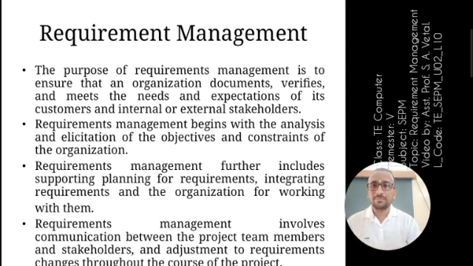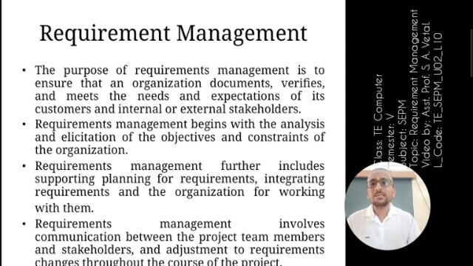Then after that we integrate all those requirements. So at all these phases and activities, we use the requirement management concept.